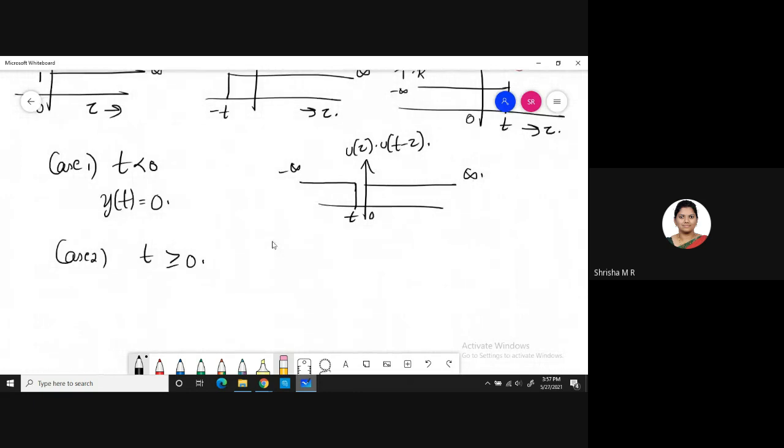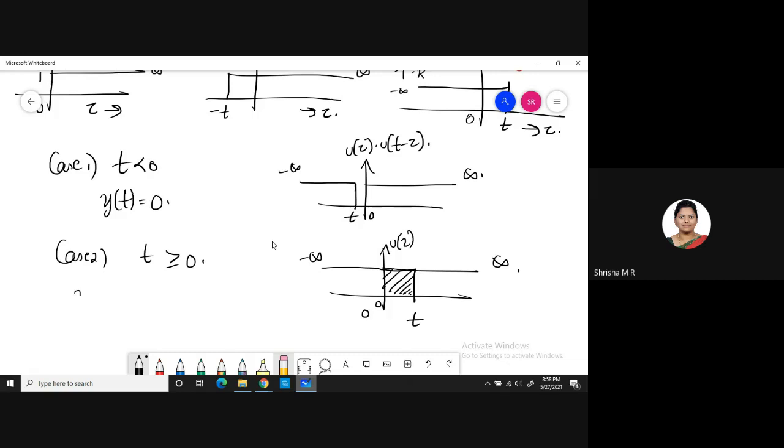So if you overlap that, this is u of tau, and if you overlap u of t minus tau, it will be from minus infinity to t. So this is from minus infinity to t, and this is from 0 to infinity. So what is the overlapping space? It is from 0 to t.